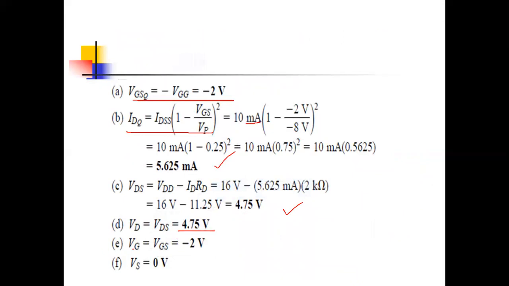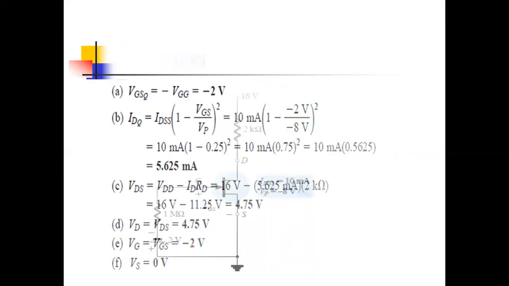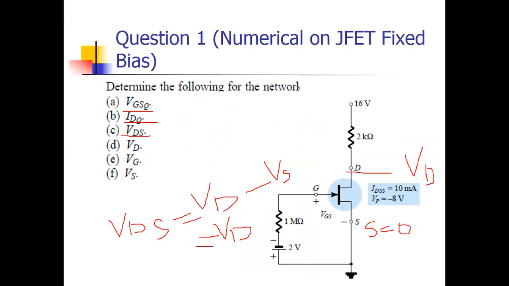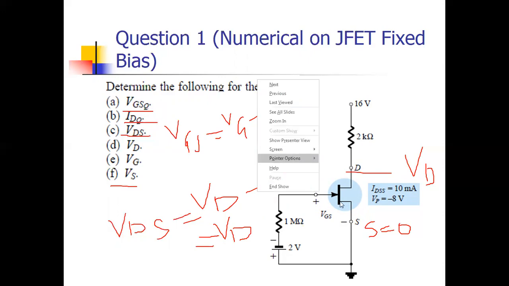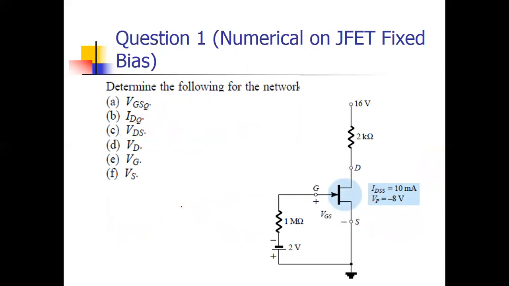Next, VG. Same concept for VG. Again, VS is 0, and you know VGS equals VG minus VS, and VS is 0, so VG equals VGS. So VGS you have already calculated. Next is VS, and you know VS is 0 because nothing is at the source. So in this way, you have solved question 1.